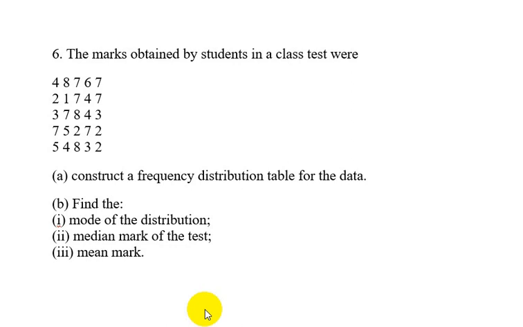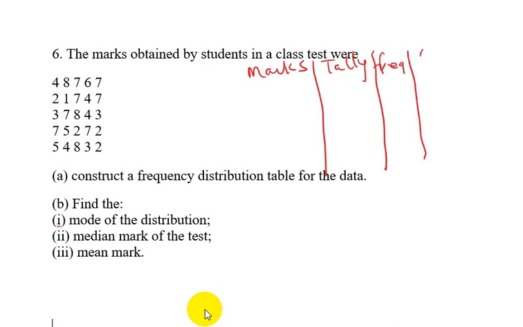So we have the first column with marks, then we're going to have tally, then frequency, then fx. Now the first one we have only one of them, so 1.